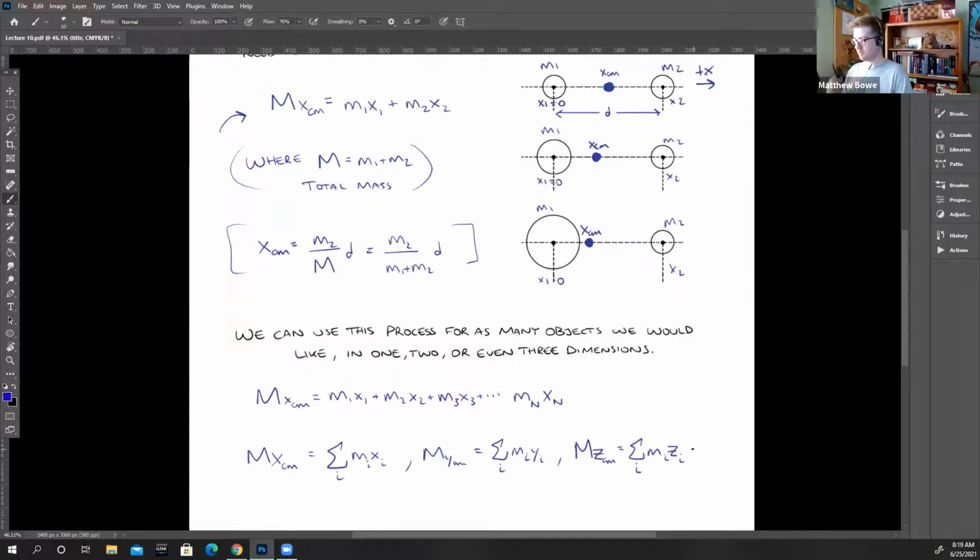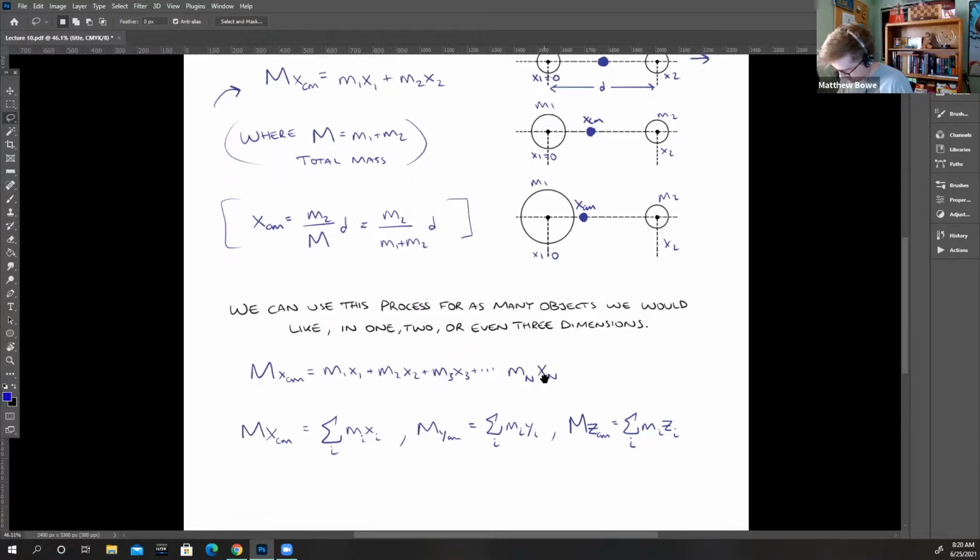So since we can do it for X, Y, and Z, remember how we could relate those coordinates together to make it 3 dimensions. What was the relation there?